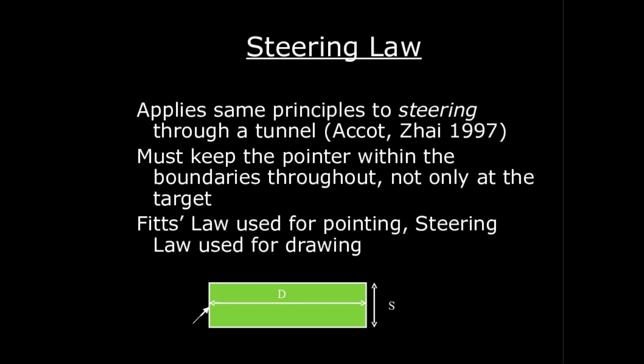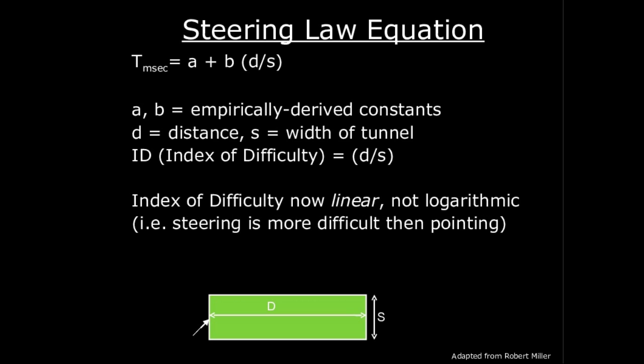We have to keep the pointer within the boundaries of the menu, otherwise we will miss not only that target but also the boundaries. The equation for steering is slightly modified: instead of a logarithmic curve, it is a linear curve. So the index of difficulty is now linear, not logarithmic.